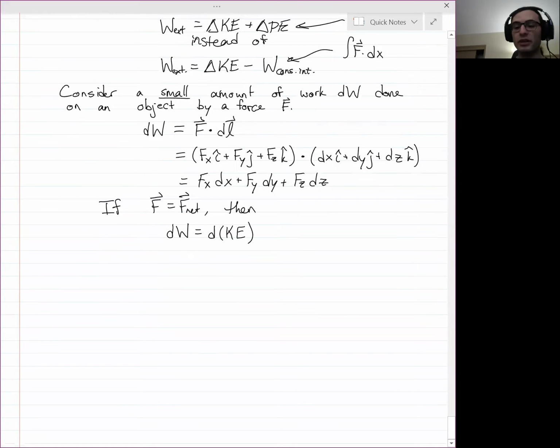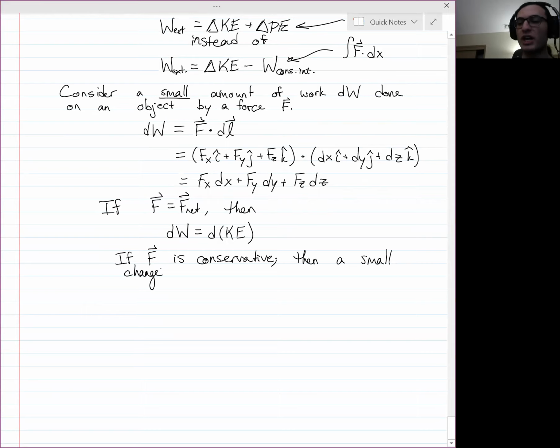If the force is conservative, then a small change in the kinetic energy leads to a small change in the potential energy of opposite sign. It's balanced by a small change in PE.